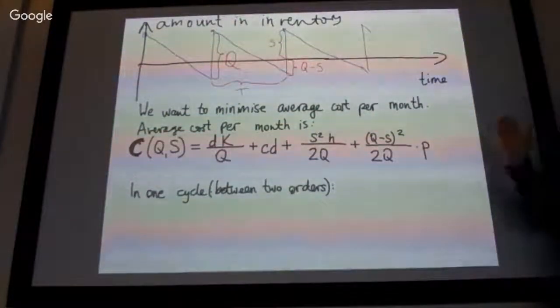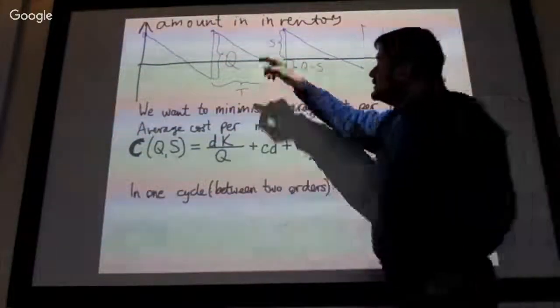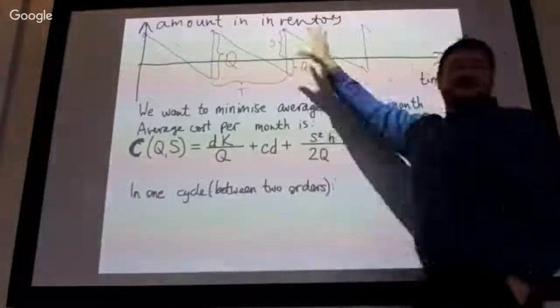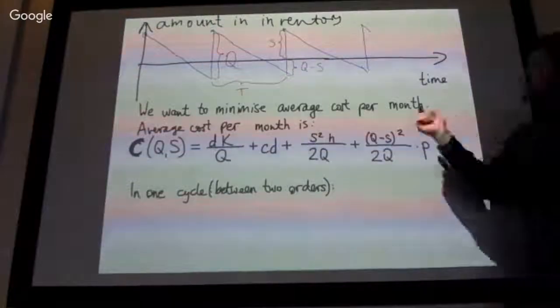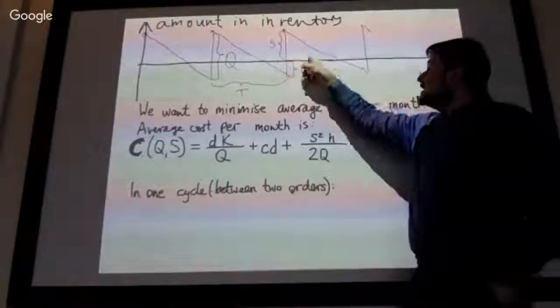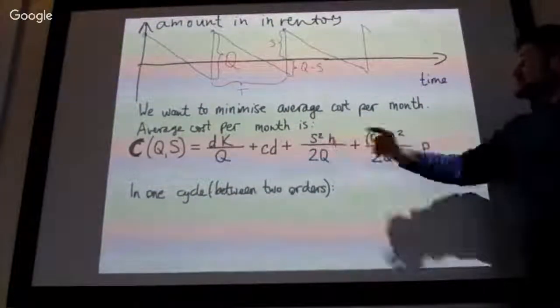The length times the height is the area of the rectangle, but we don't have a rectangle because it's decreasing, so we just take the area of the triangle and multiply it by H.